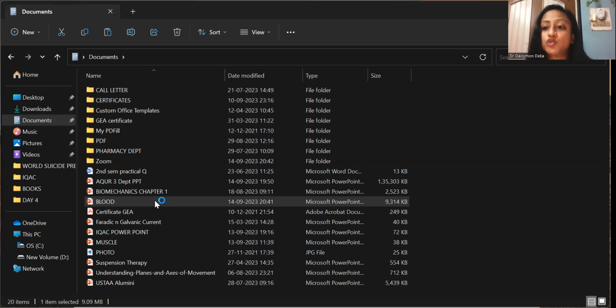On the other hand, volume: the normal volume in a normal adult will be 5 liters, whereas in case of females, it may vary because, as we know, females have a little bit less blood compared to males.